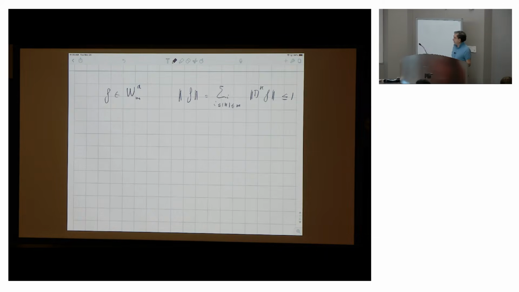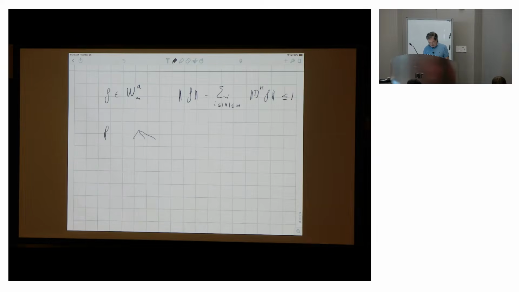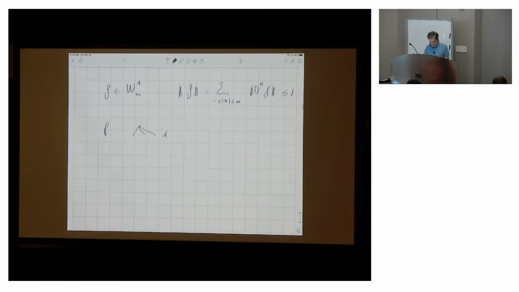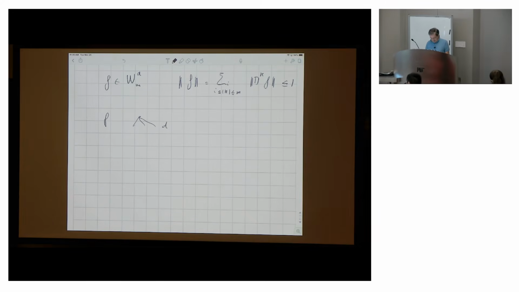So I want these derivatives to be bounded, functions with bounded derivatives. But I don't assume any structure on f. So the only thing I know is that f will be in a certain class, d inputs, one output. That's it. It's continuous.